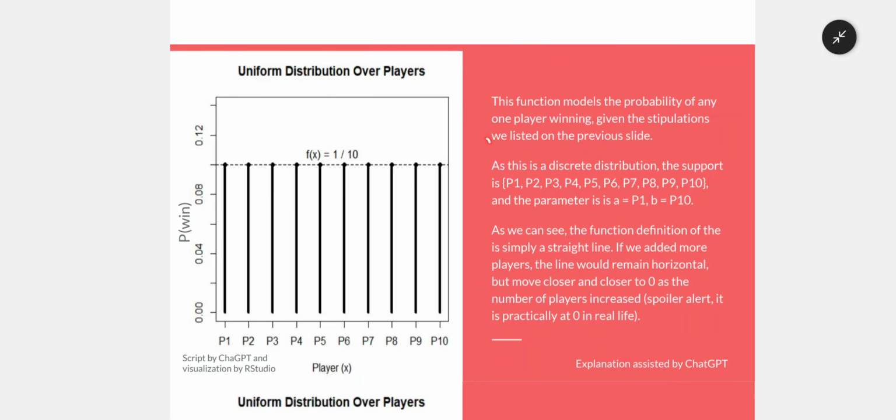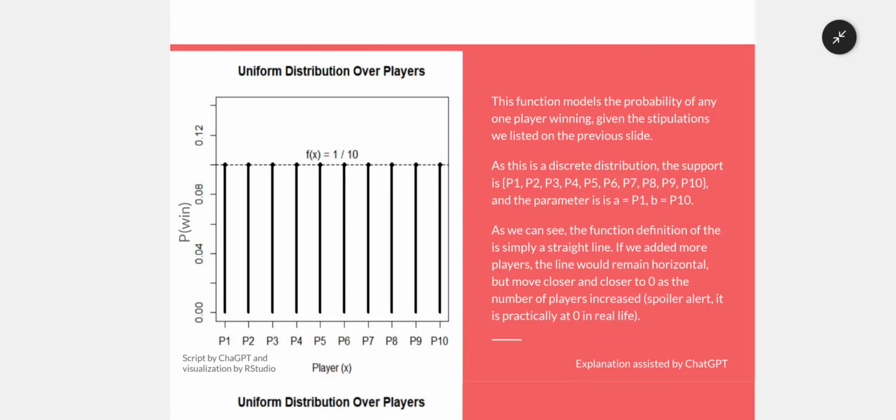As you can see, we couldn't simply put an interval like P1, P10, as that would imply all of these outcomes between, which of course you can't split people into a continuous distribution.